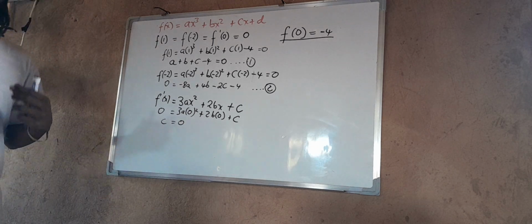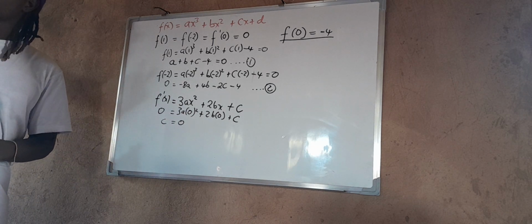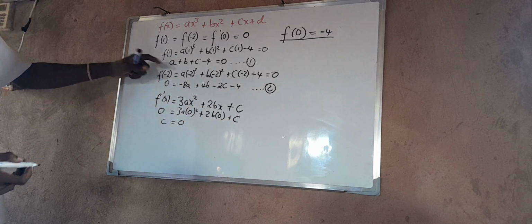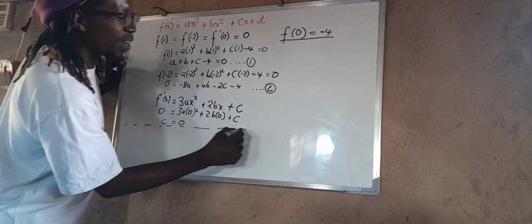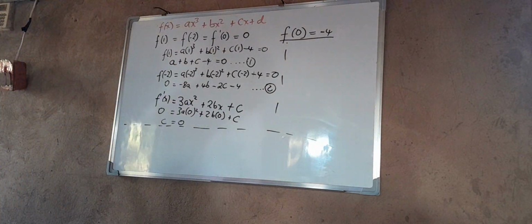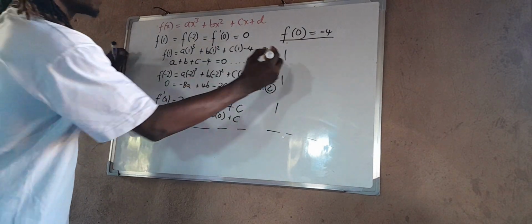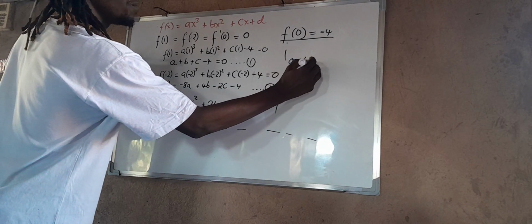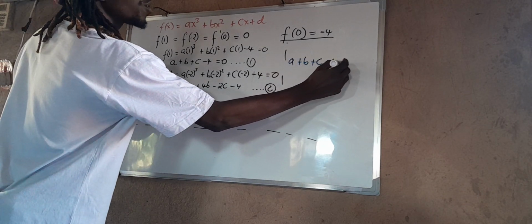Now we have calculated 2 values already, so we're having 2 equations. We have the one saying a plus b plus c minus 4 is equal to 0.